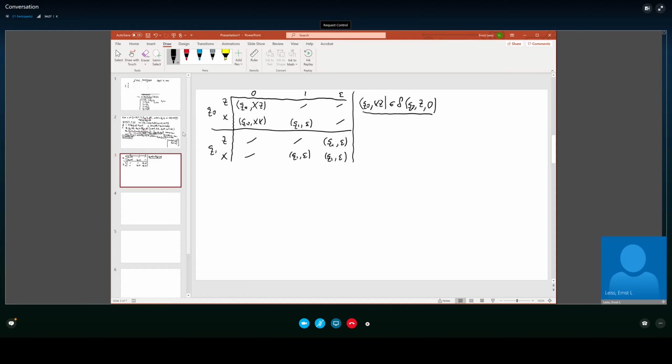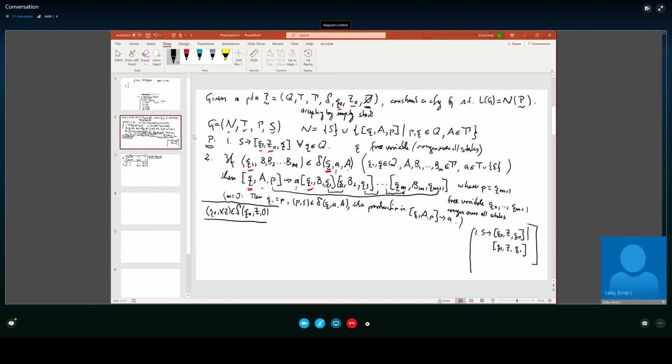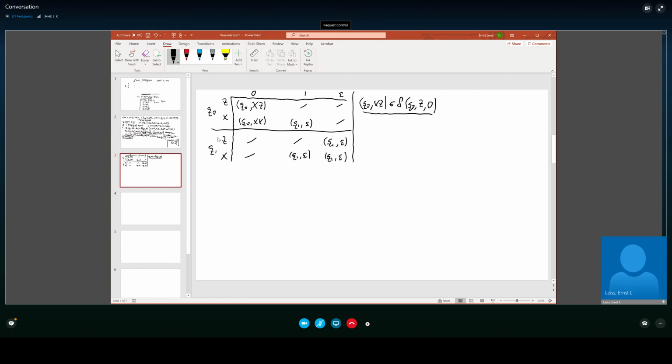Now, if you look at this rule 2, the key point is that M, B1 through Bm. So that means we have 2 here, we have 2 here, we have 0 here, 0 here, 0 here, and 0 here.